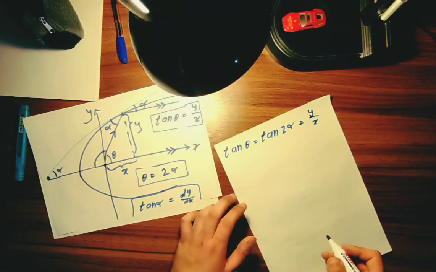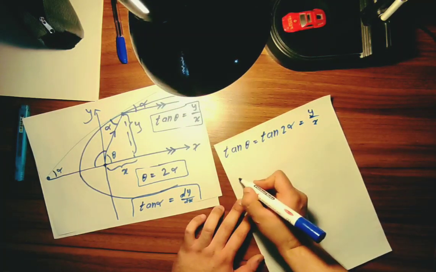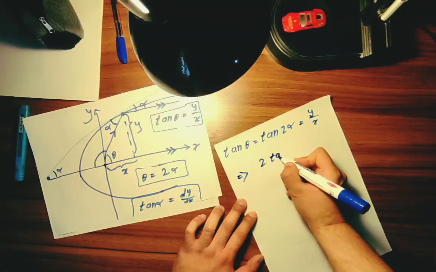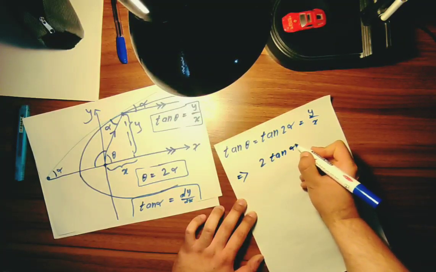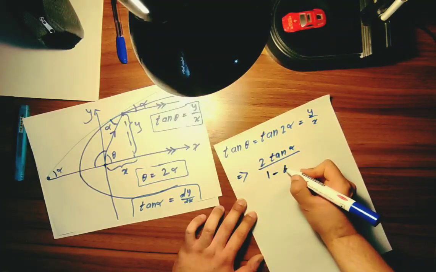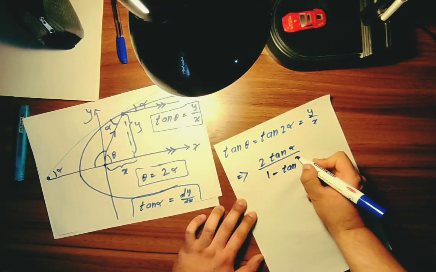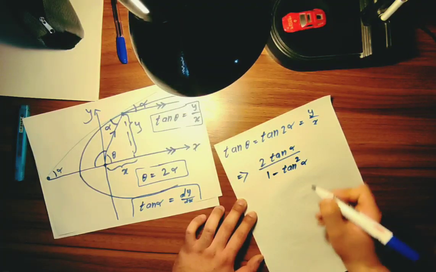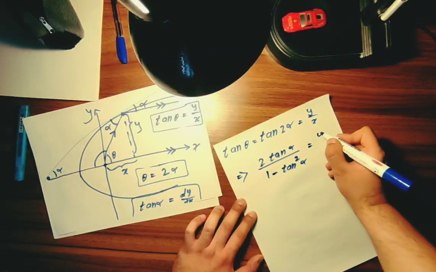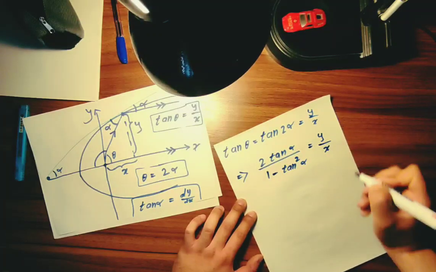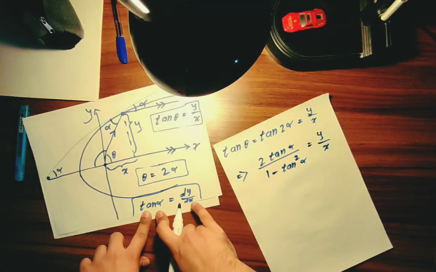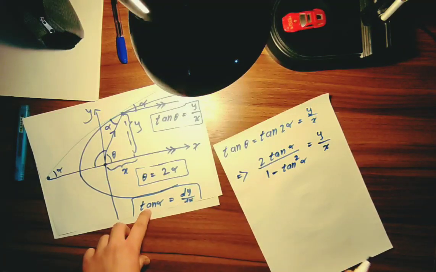Okay, and tangent of 2 alpha is this, 2 tangent of alpha divided by 1 minus tangent squared of alpha, and this yet is equal to y divided by x. And we have tangent of alpha here. It is dy divided by dx.